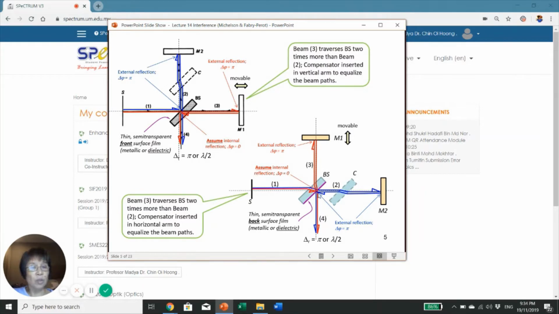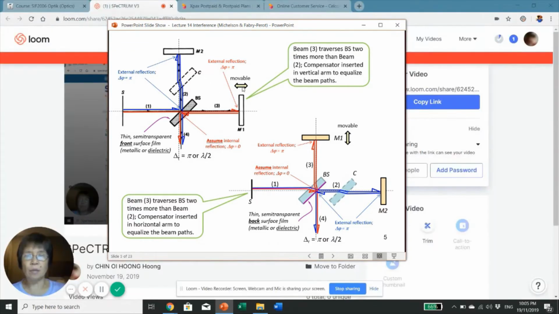So in total, the relative phase shift between the red and the blue beam would then just be pi, or a half lambda distance, optical distance here. You see that this mirror is movable. This can be moved, and the other usually can be tilted slightly.